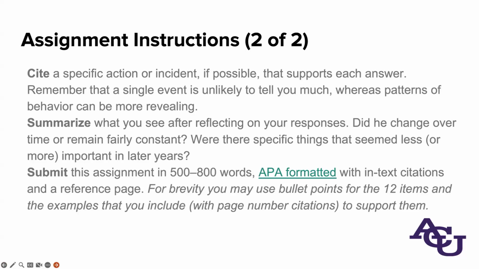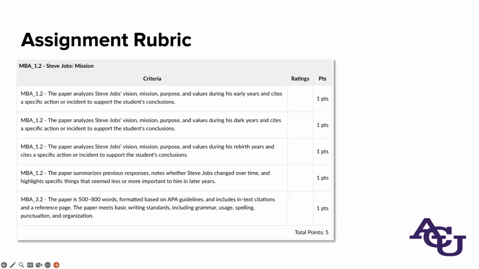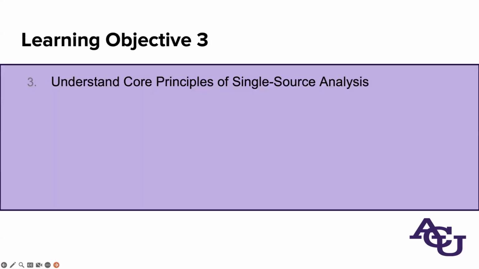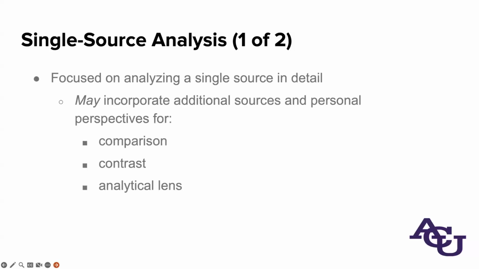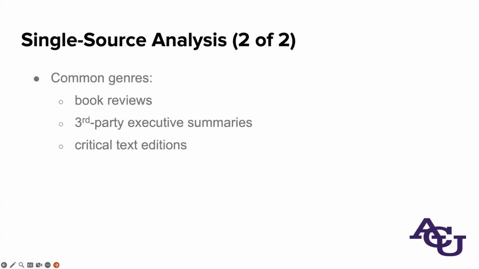If I was answering that in my essay, I would say, over time, Steve Jobs remained fairly consistent as seen by, and provide my examples. But I'm using the question it's asking me and directly answering it, so I know that I've covered that. That is an excellent point.